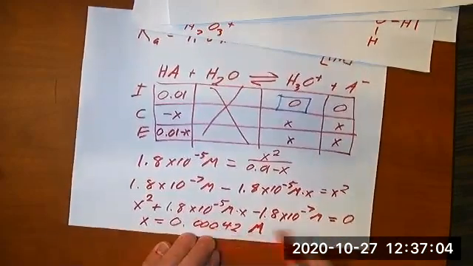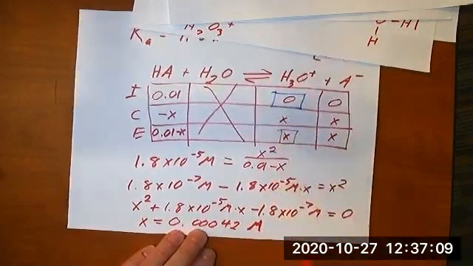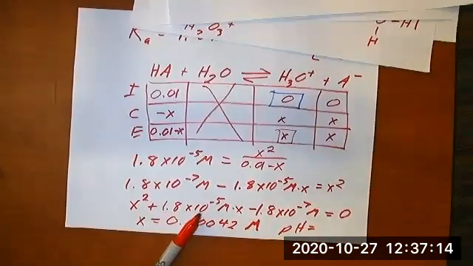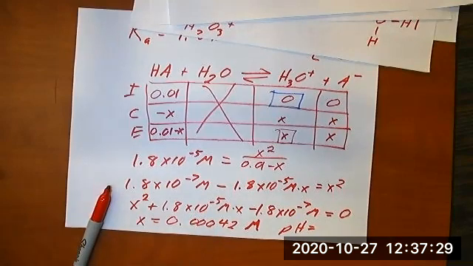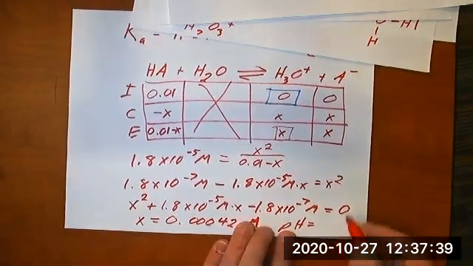And so, since this is our X right here, our pH would be the negative log base 10 of that. I'm going to plug that into a calculator. I'm using Wolfram Alpha right now because I don't have a scientific calculator with me. So that gives a pH of 3.4.